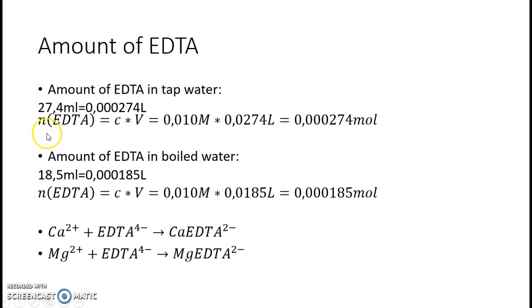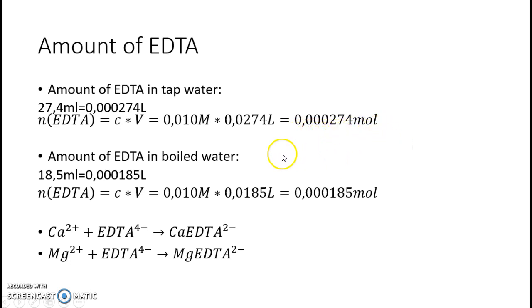We then had to find out the amount of EDTA, which is C times the volume, which in this case is 0.010 M times 0.0274 liters, which gives us that the amount of EDTA is 0.000274 moles.